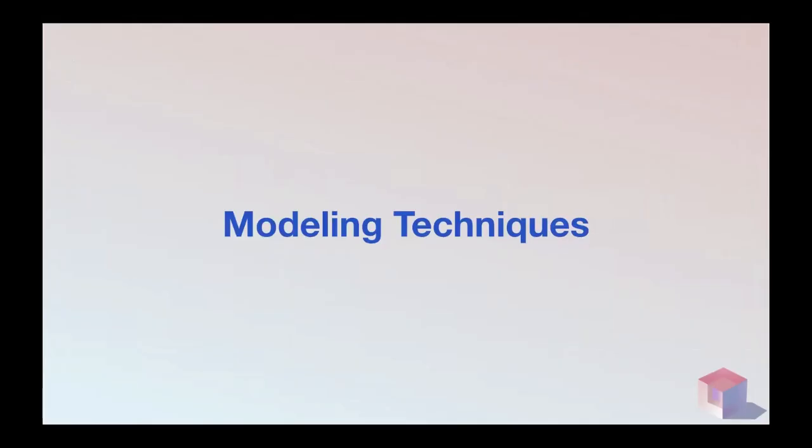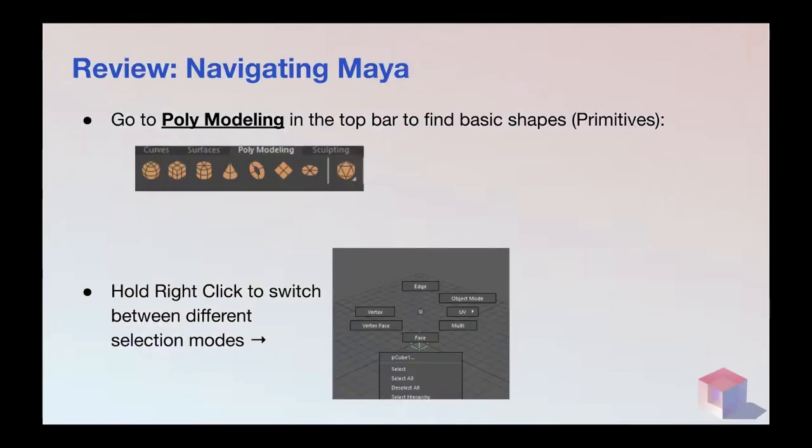After you learn the basic rules of modeling, let's talk about how to do the modeling. Let's catch up a little bit on how to navigate Maya. If you want to build something, for example a cube, you simply go to poly modeling and call out these shapes over here. If you want a cube, just press cube.